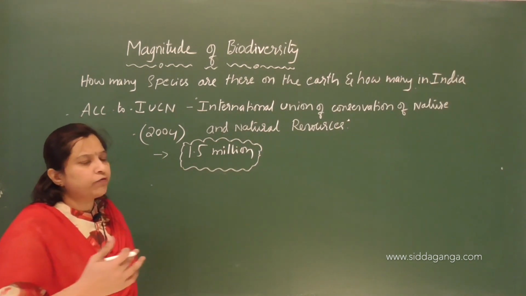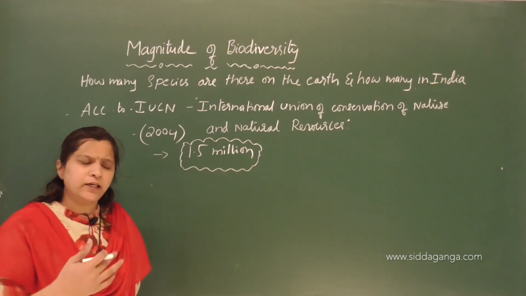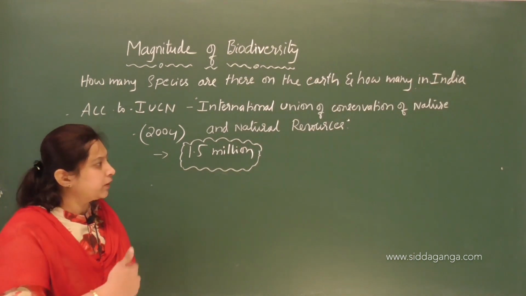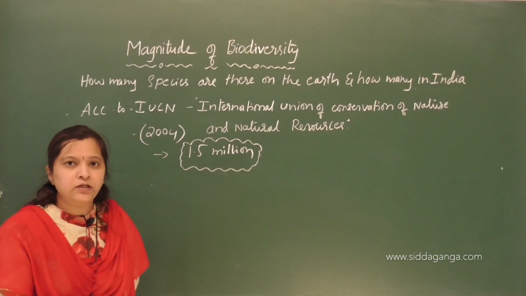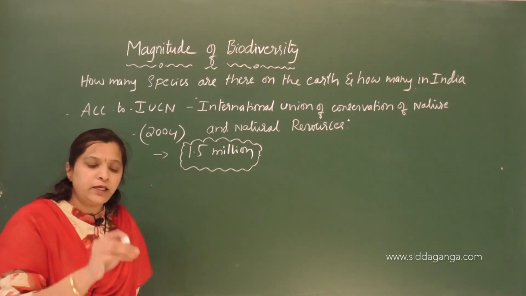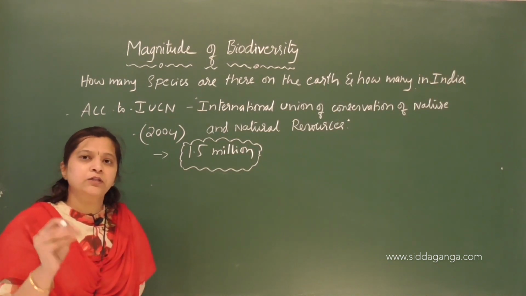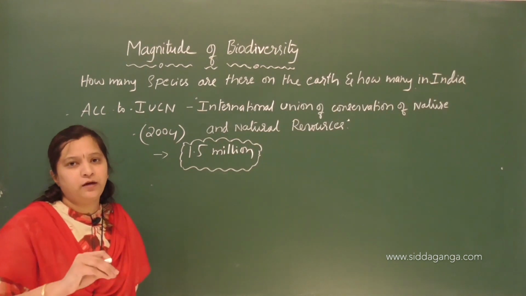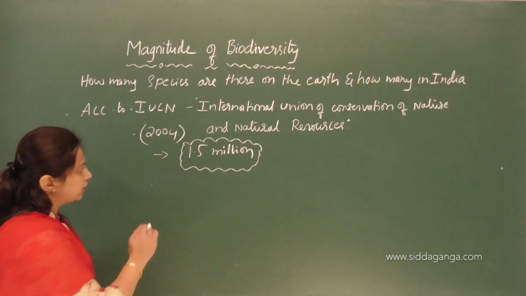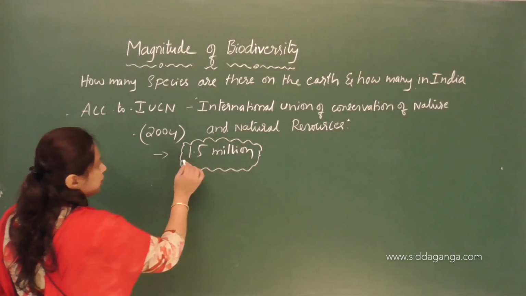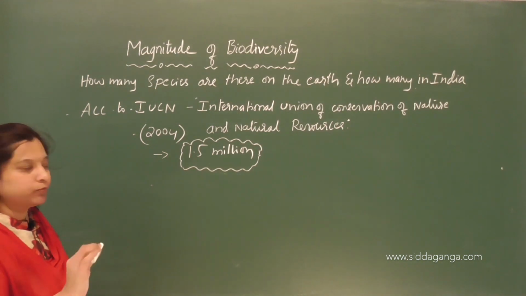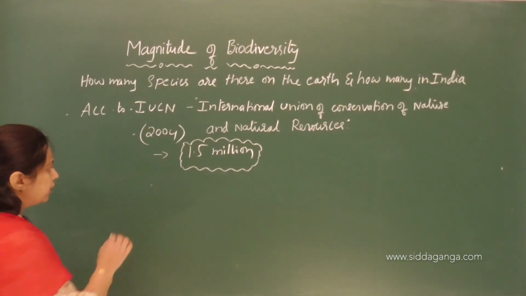Some organisms live deep inside the ocean, and it is not possible for us to go to that depth. Because of all these reasons, there are still many species of plants and animals yet to be discovered. So 1.5 million are the known species of plants and animals on the globe.